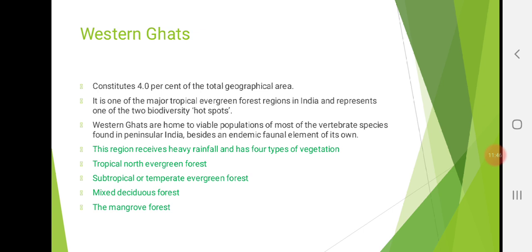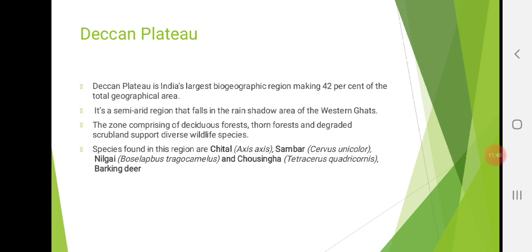Now the next one is Deccan Plateau. Deccan Plateau is India's largest biogeographical region, making up 42% of the total geographical area. It's a semi-arid region that falls in the rain shadow area of the Western Ghat.